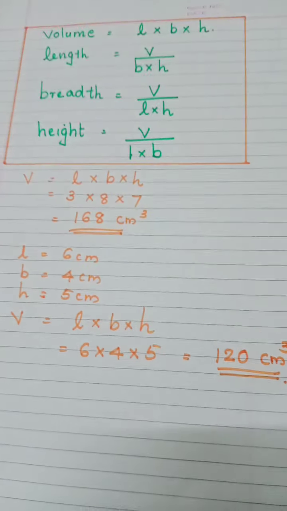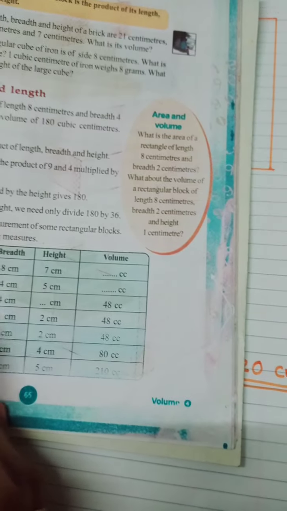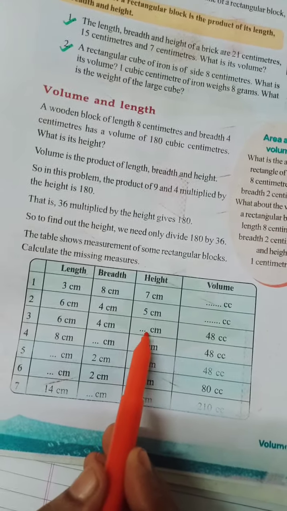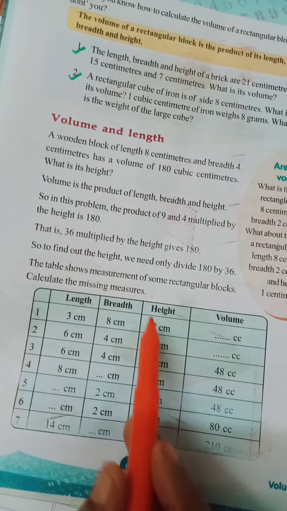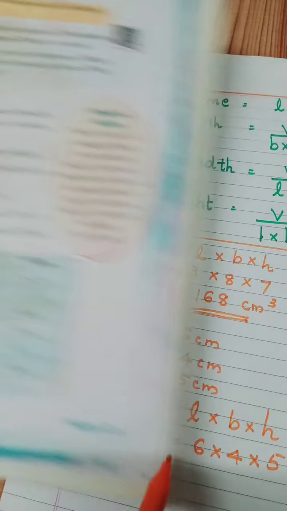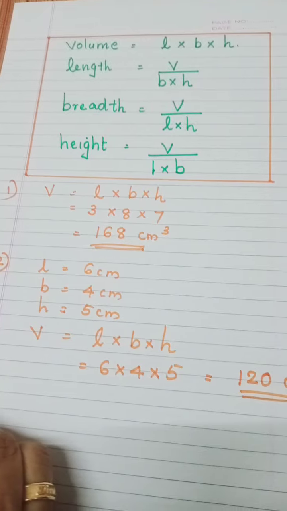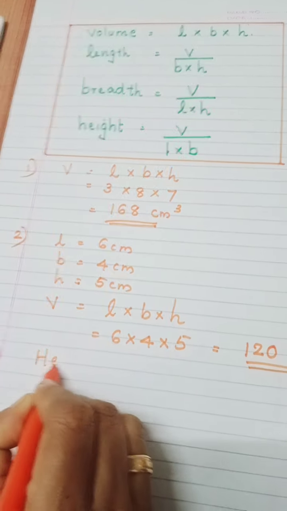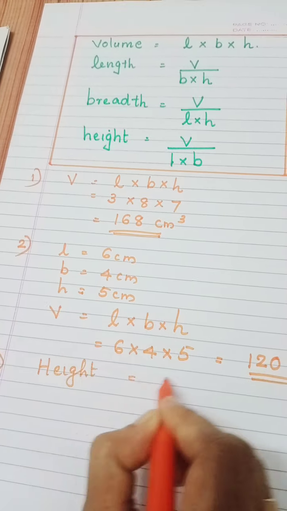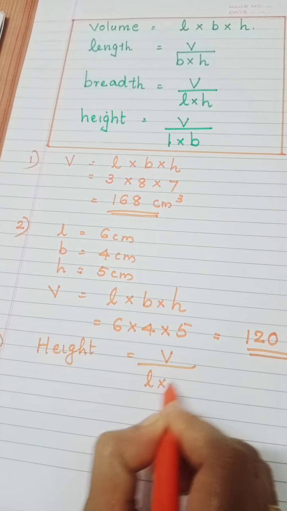For the third question, length is given, breadth is given, but the height is not given and the volume is given. Then how will you find out the height? Height we can find out using this equation. Height is equal to volume by length into breadth.